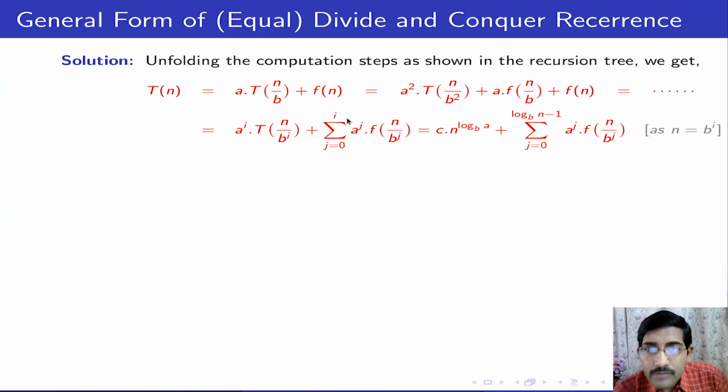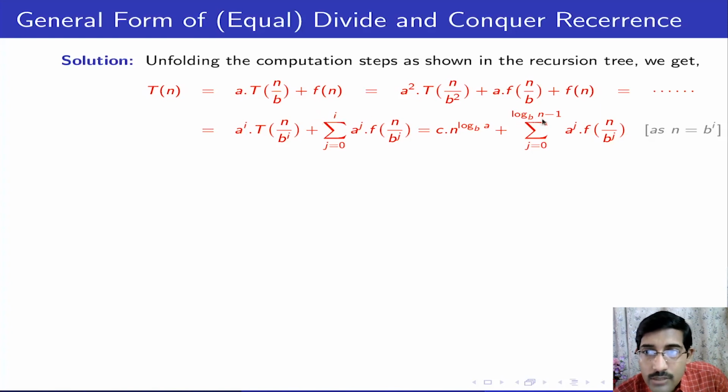What is this term? Your i, as I have computed, because n equals b to the power i we assume, is log n base b. And we go from 0 up to, this will be i minus 1, because here the index is 1 less. So if I have a to the power j, this will be i minus 1.